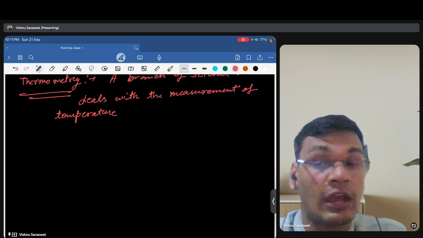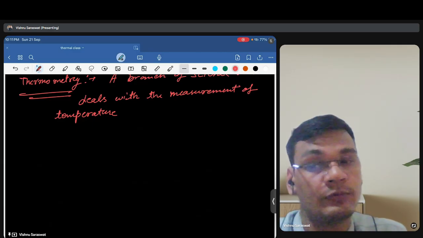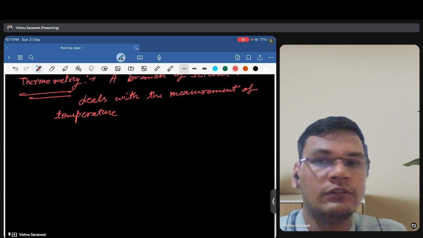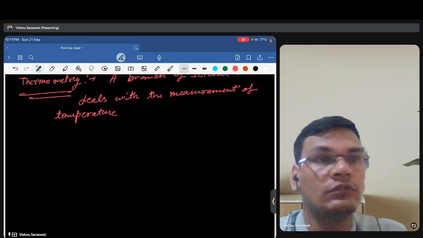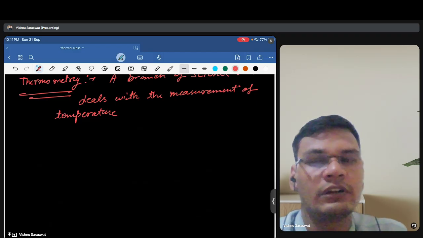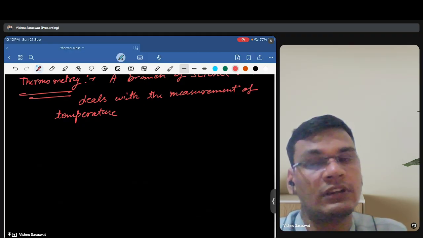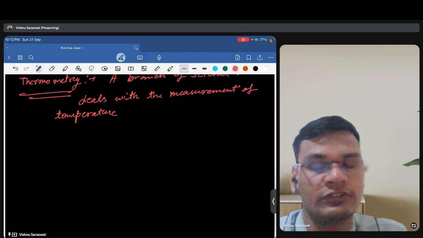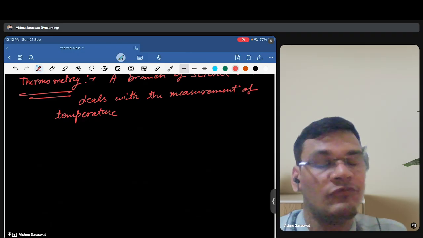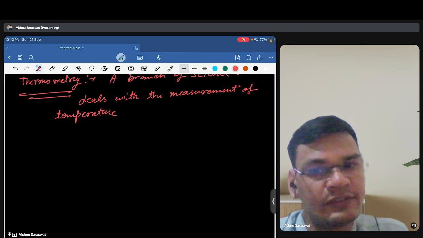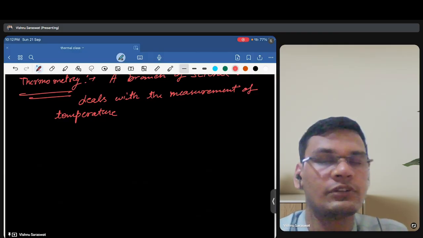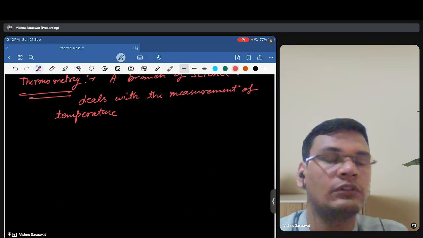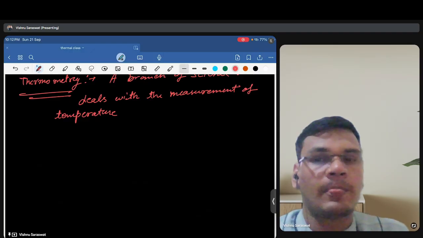Like I didn't explain the thermometry before, because I know if I didn't explain the temperature in terms of scales, you don't understand the thermometry directly. So that's why I discuss first temperature, then scale of temperature, and how we measure the temperature on different scales like Kelvin, Reaumur, Rankine, and Fahrenheit.